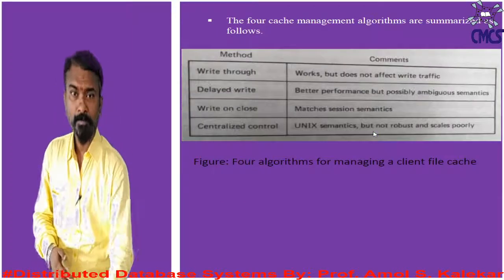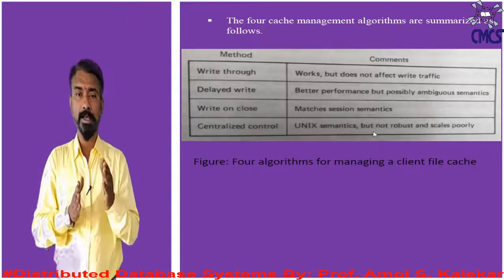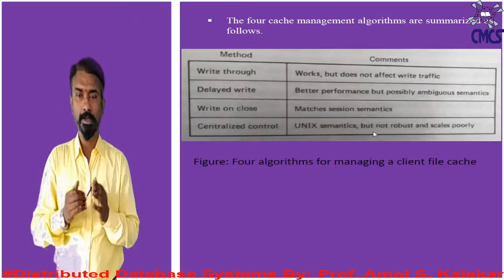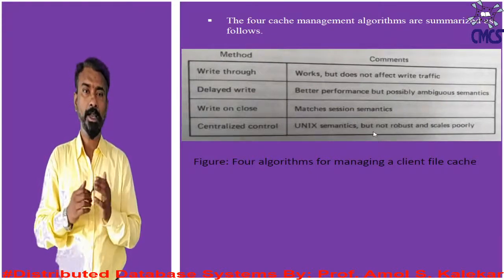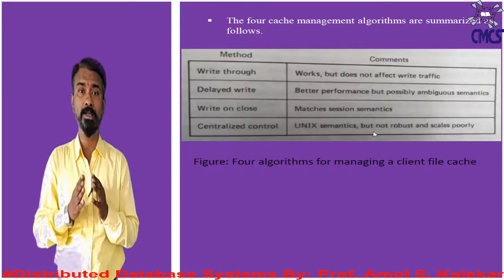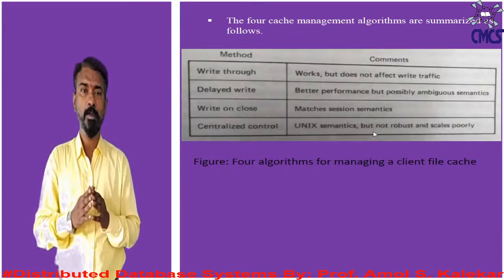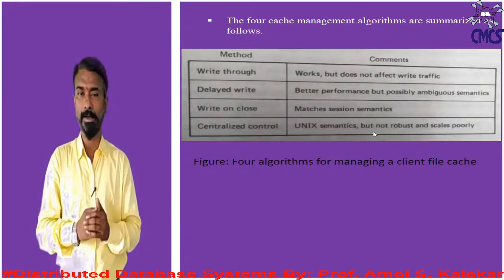Okay, so the four cache management algorithms can be summarized in the figure given on your screen. First one is the write through. Now the major point as far as the write through method is concerned is that it works but does not affect the write traffic.